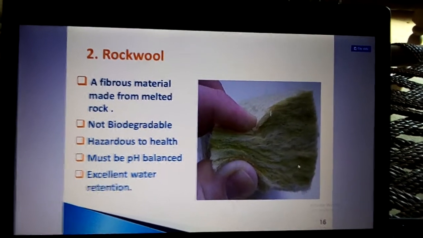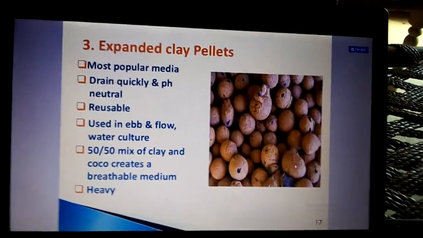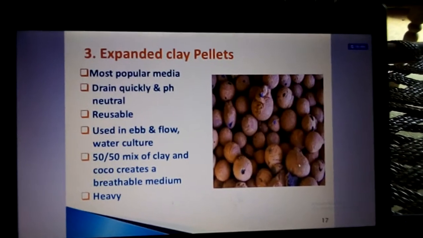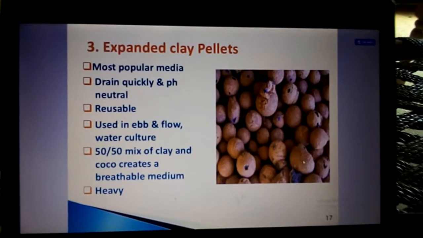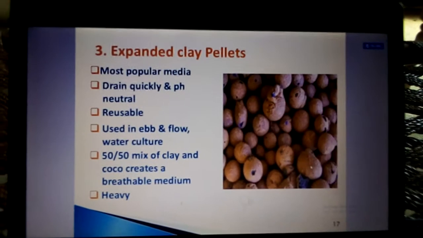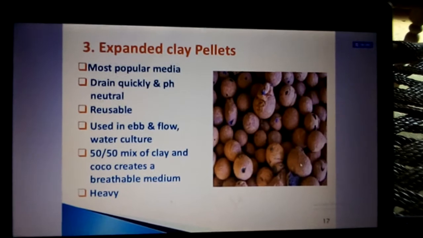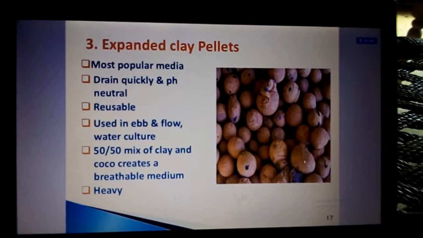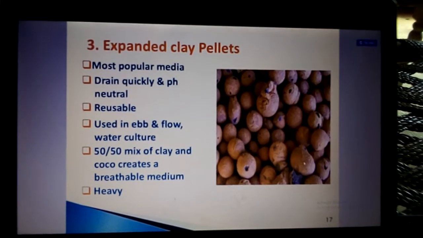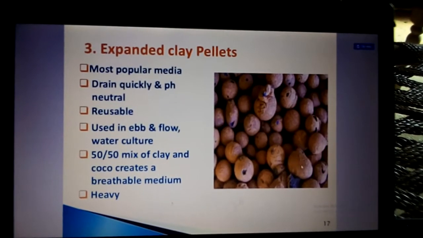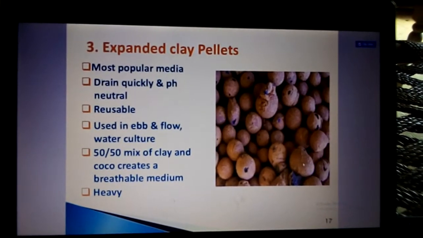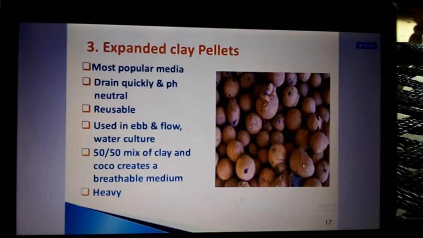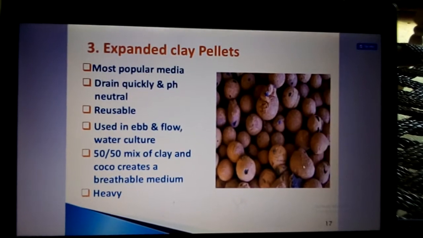It can retain water very efficiently. The third one is expanded clay pellets. The most popular media, usually horticulturalists use these clay pellets. They drain quickly and their pH is neutral. This can be used probably in ebb and flow and water culture.